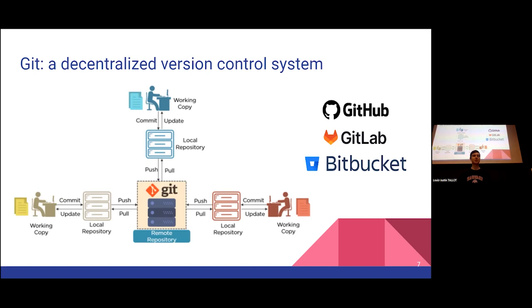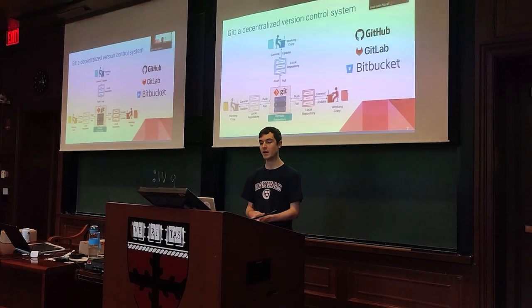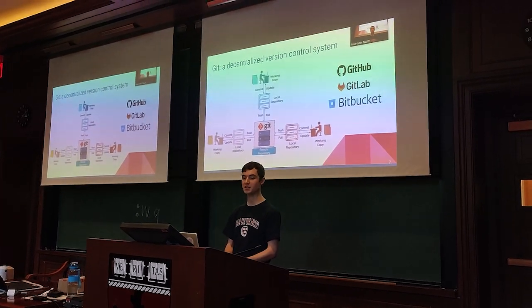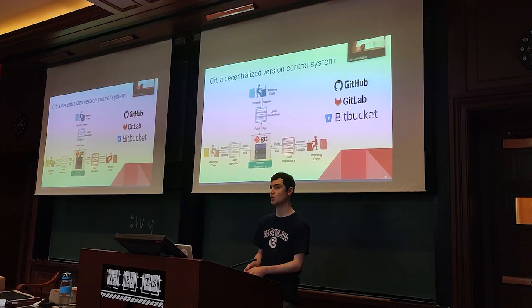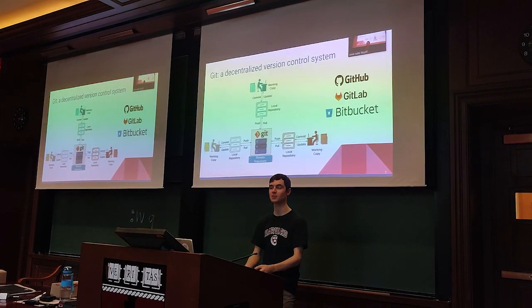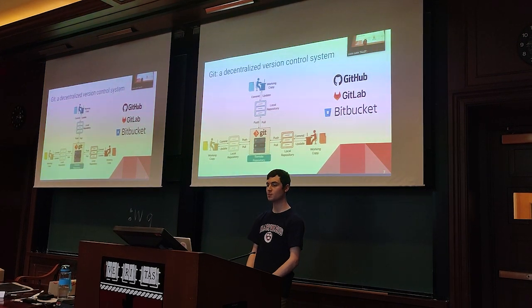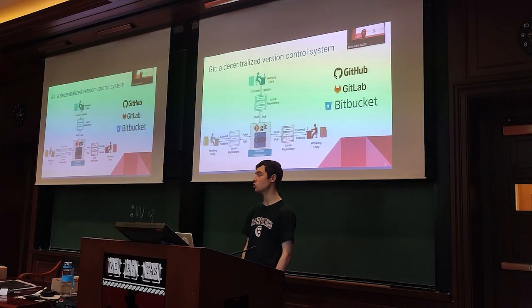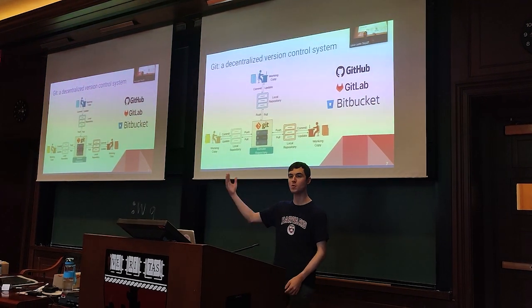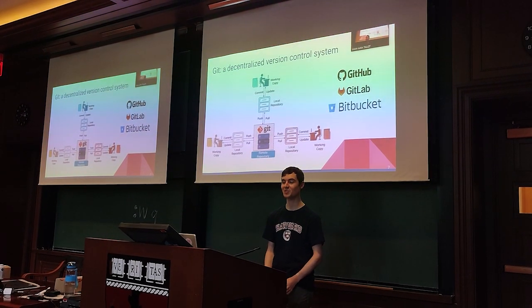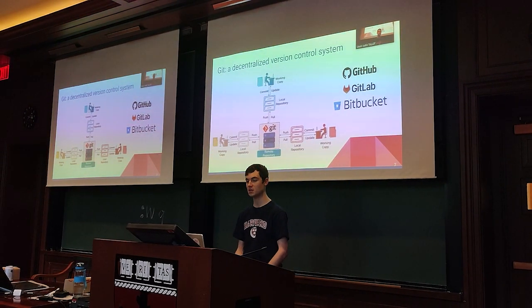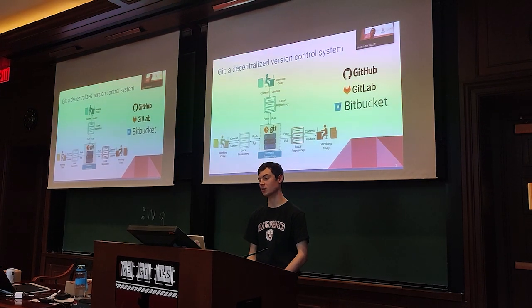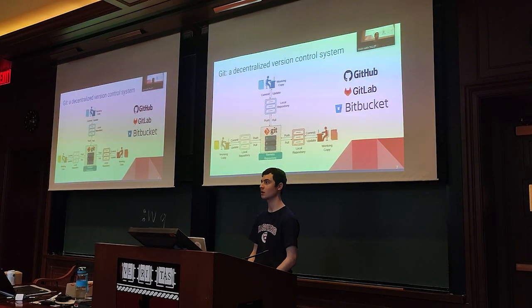Okay, so welcome to the second part of this talk, which is GitHub. As we have said, Git is a decentralized version control system, which means that you have your own working copy, which is independent and sufficient to work with, but you can also publish the work that you are doing to a remote server. Most of the time, these servers are hosted by mainly 3 companies, which are GitHub, GitLab, and Bitbucket.